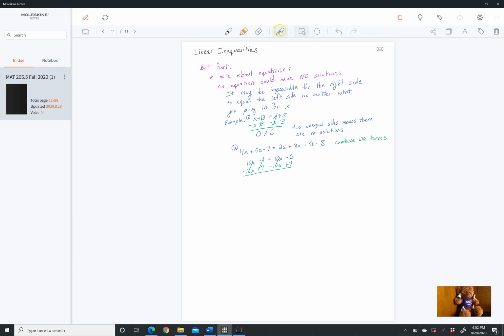So what you wind up getting is 0 is equal to 1, and those are not equal. You get 0 on the left and 1 on the right. These are not equal values, okay? So we have no solutions here. Okay, so these would be an equation that could have no solutions. Now we could have an equation that has an infinite number of solutions.